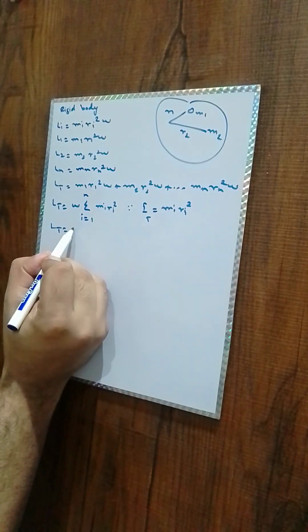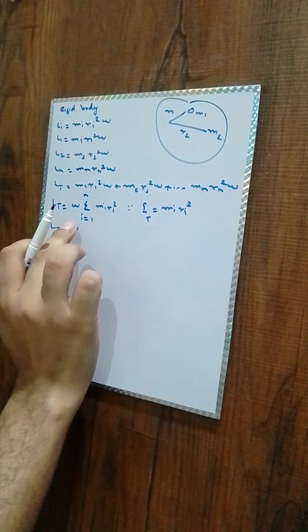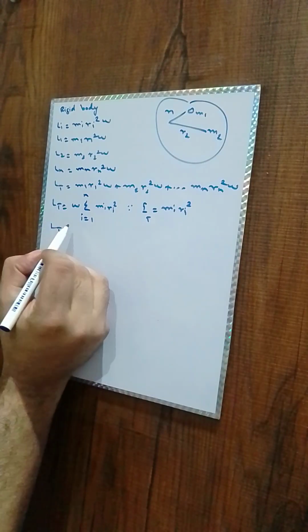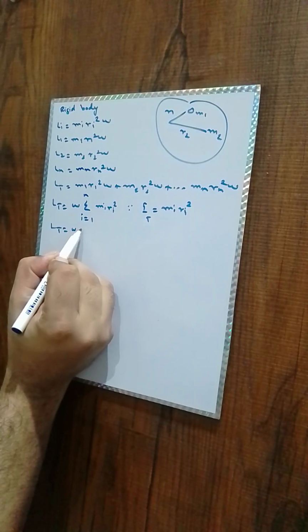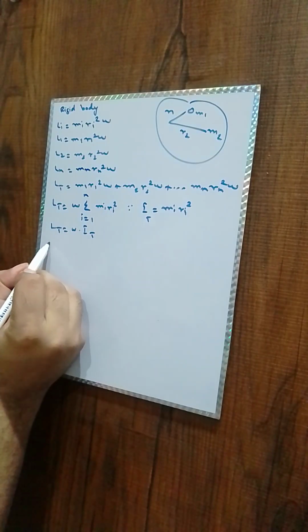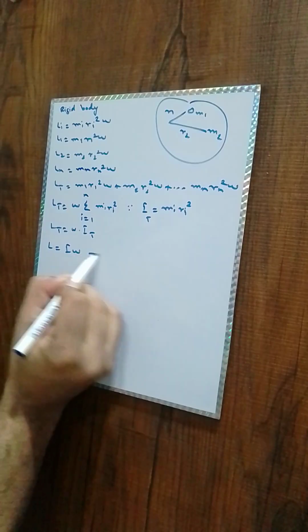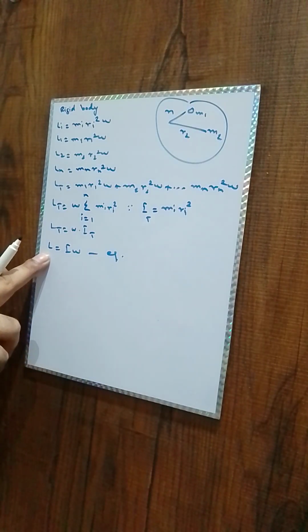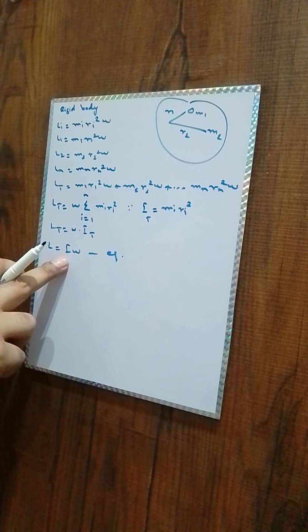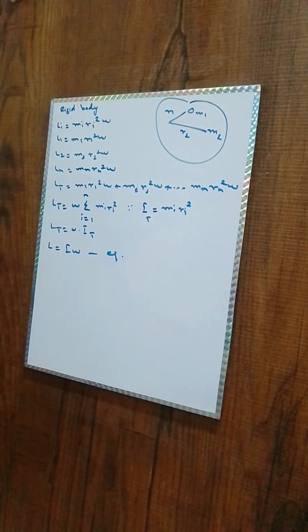Yes, so we substitute, and L total is equal to omega I total, or L is equal to I omega. Yes, the angular momentum is equal to moment of inertia times angular velocity in general, if approximated into a sum.